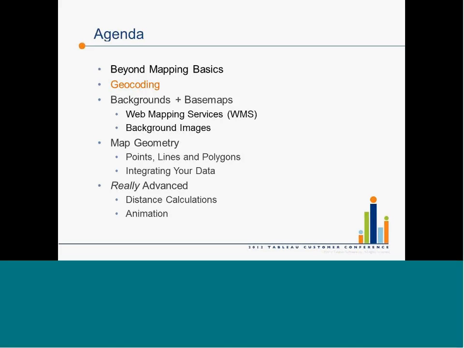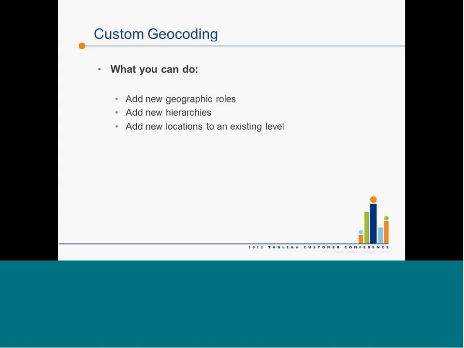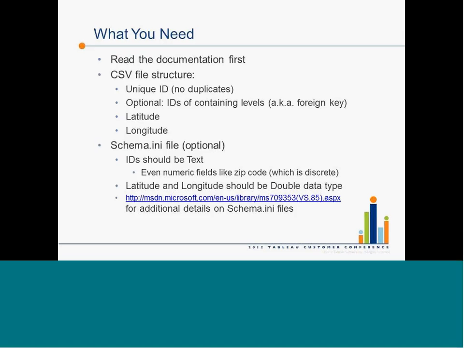So Tableau gives you a lot of flexibility in adding that kind of information and integrating with your current data. The kinds of things you can do are to add new geographic roles, you can add hierarchies, and you can extend the new locations into existing data.